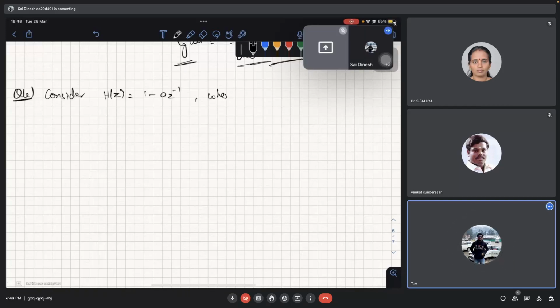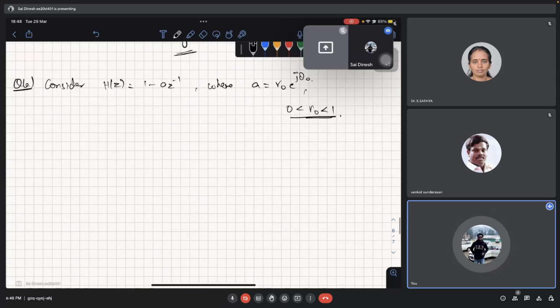Where a equal to r naught e^{j theta naught}. Now the parameter r naught is such that 0 is less than r naught less than 1.